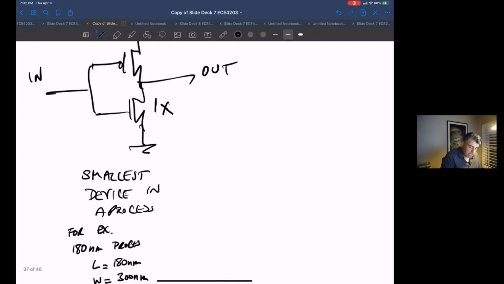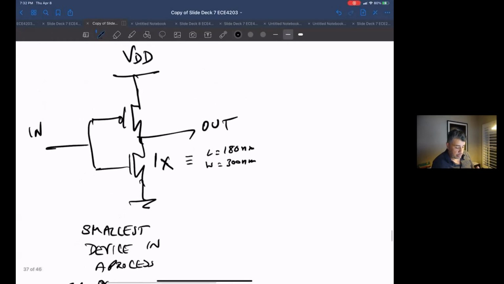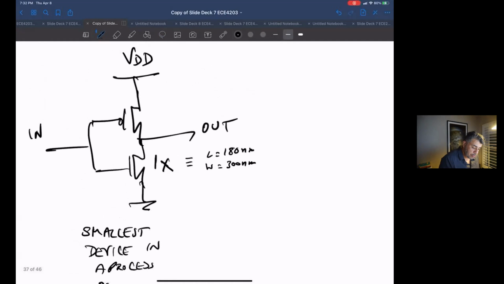So this is the 1X device, the minimum device or unit device, with a length of 180 nanometers and a width of 300 nanometers. If you were in a different process, like a 65 nanometer process, then your unit device would be different. And then the PMOS device is going to be 2X the size of this. Why do we make it 2X?